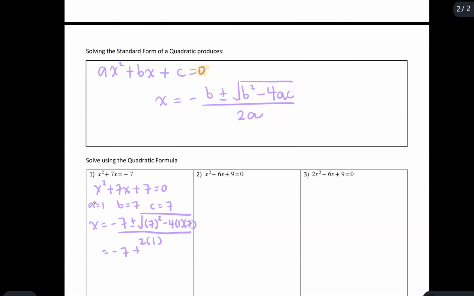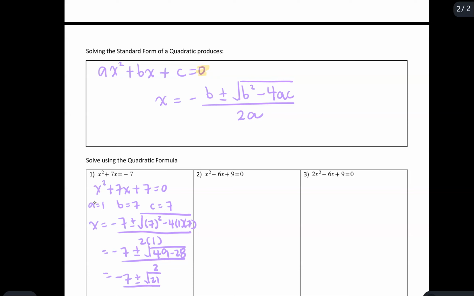So negative 7 plus or minus the square root of 49 minus 28, all over 2. So 49 minus 28 is going to give me what? 21.